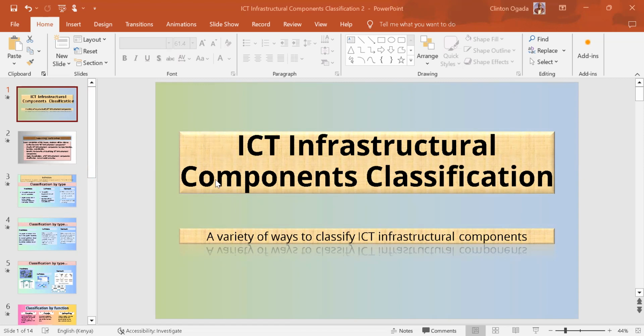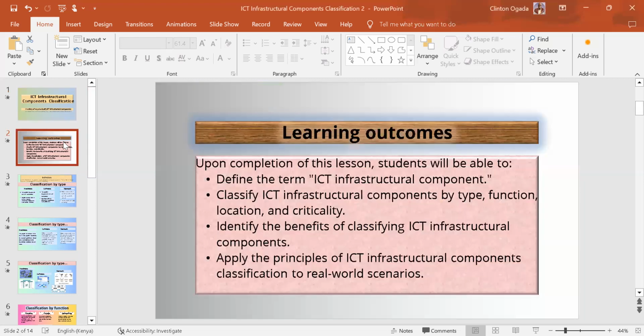So we are looking at ICT infrastructural component classification, and in simple terms, this is a way of classifying ICT infrastructural components. So, what do we expect to have learned by the end of this class? That we will get to know all about ICT infrastructural components.